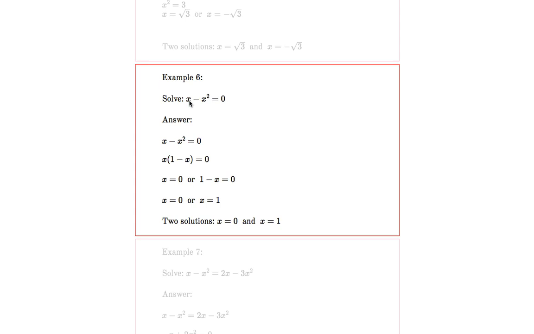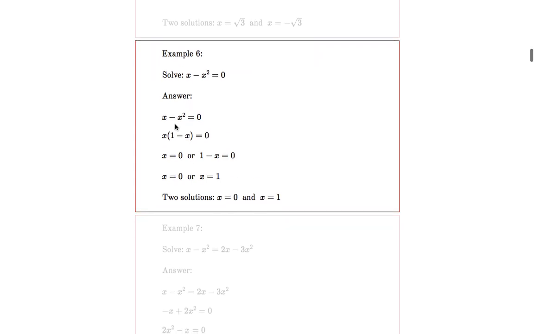So here we don't have a constant, just a linear term minus a quadratic term. So they both have a factor x in common. So we move this x outside the parentheses, and here we just have 1 because x times 1 is x, and here one of the x's is outside, so we just have 1 minus x.